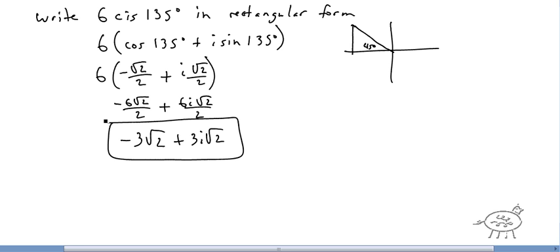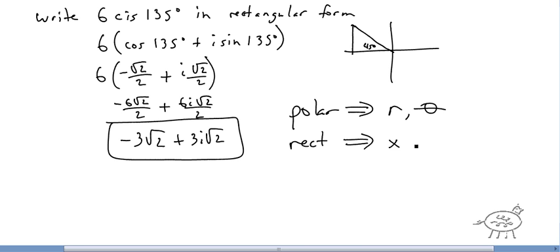Okay. Remember, polar has r and theta. Rectangular doesn't have r and theta in it. I guess we're just using x and y because it's x plus yi.